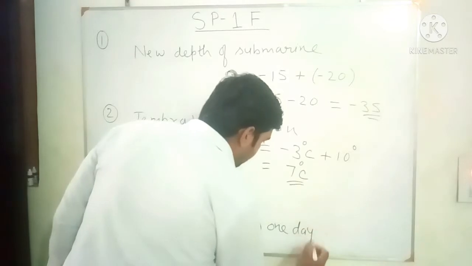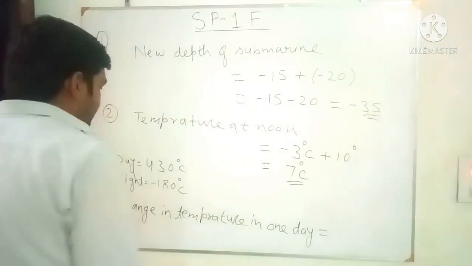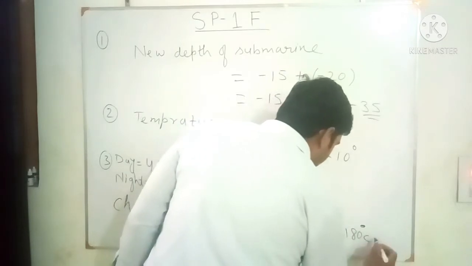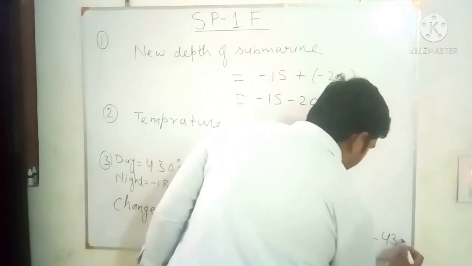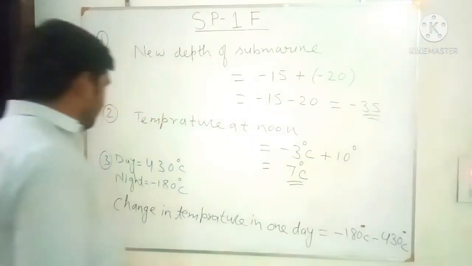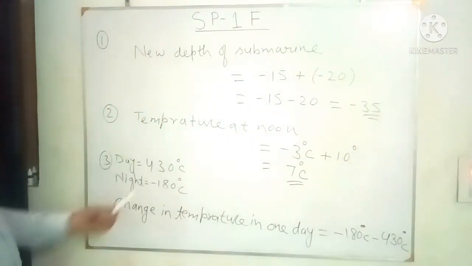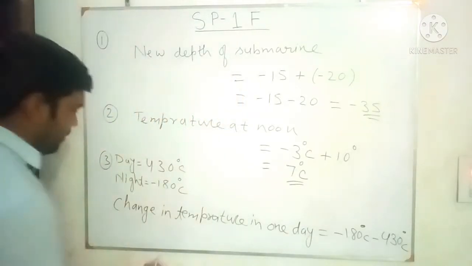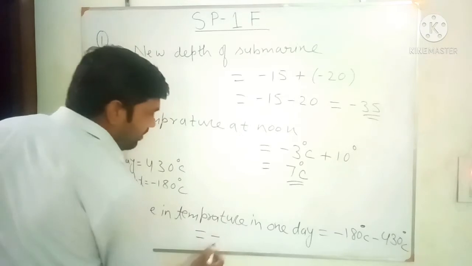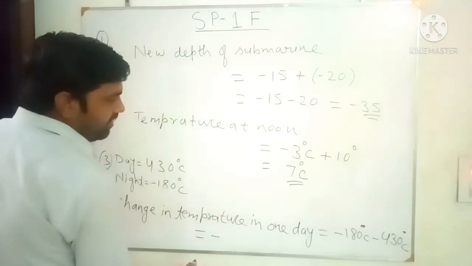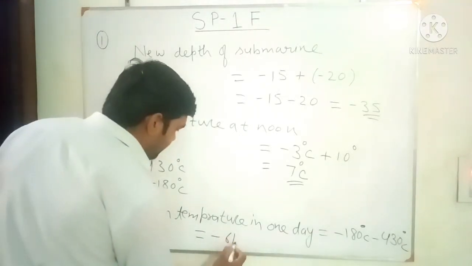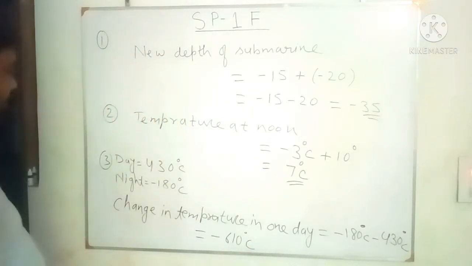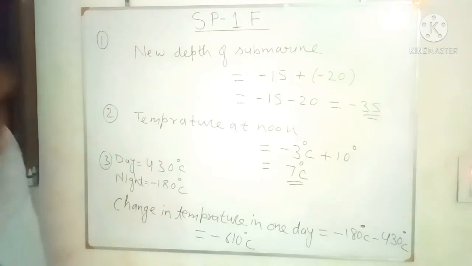Change in temperature in one day equals night temperature, minus 180 degrees Celsius, minus day temperature, 430 degrees Celsius. Both are negative, so you add them: minus 430 minus 180 gives minus 610 degrees Celsius. Now we move to the next question.